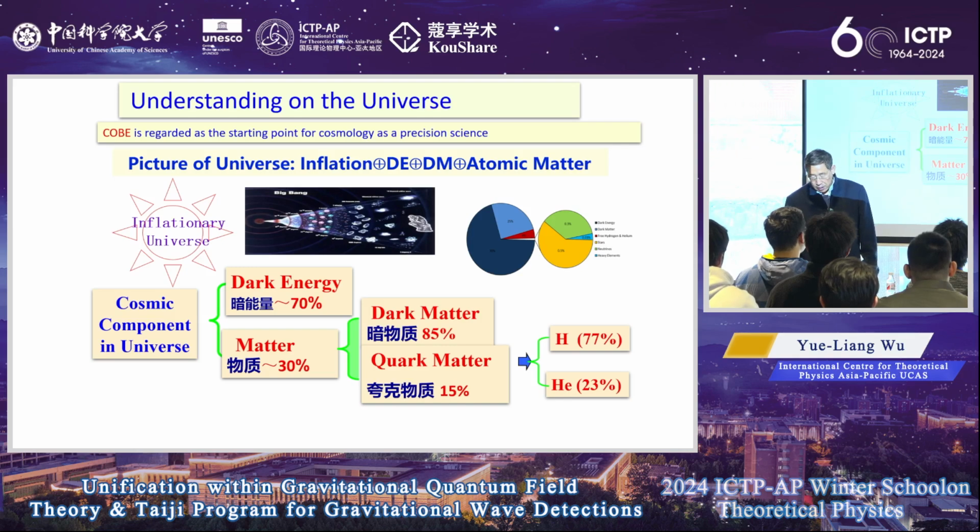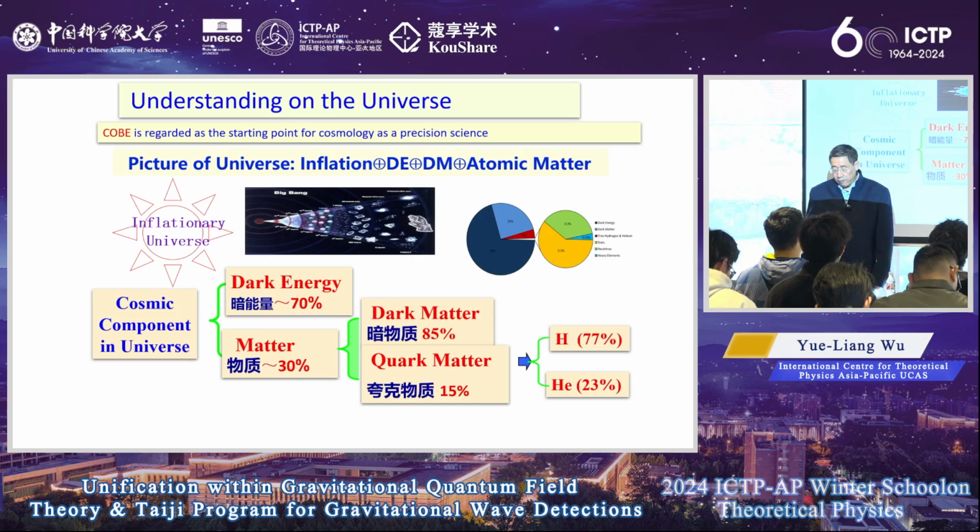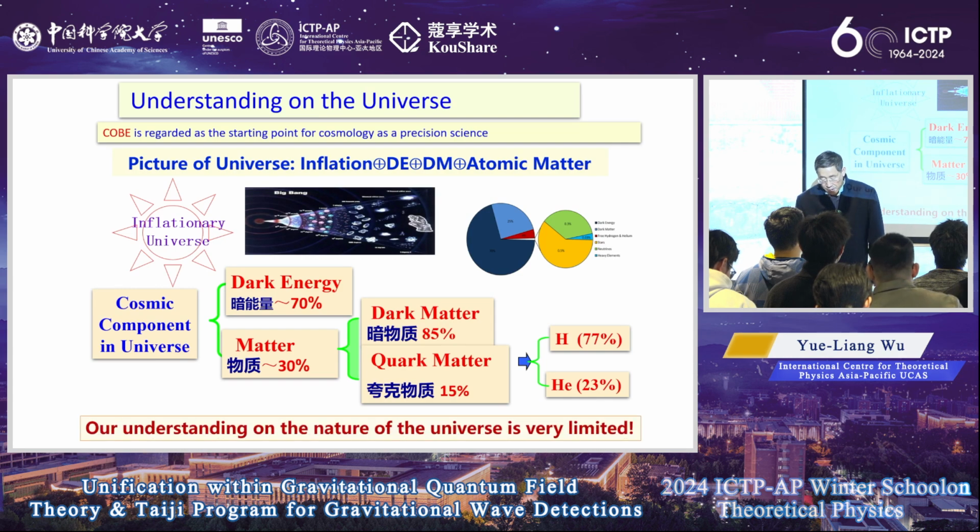Among them, more than 85% is dark matter, and the quark or atomic matter is about 15%. In total, dark matter is about 25%, and atomic matter is less than 5%. That means our understanding of the nature of the universe is very limited. More than 95% is still unknown; although astronomers observe its effects, its nature is still unknown.